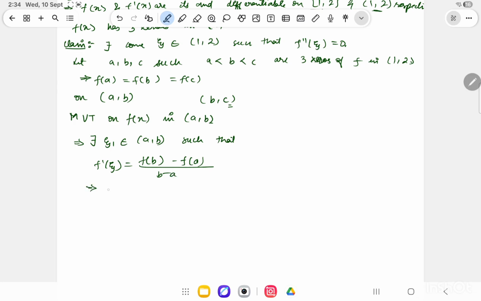So from here I got there is a xi1 in (a, b) such that the derivative of function f(x) at xi1 is equal to 0.